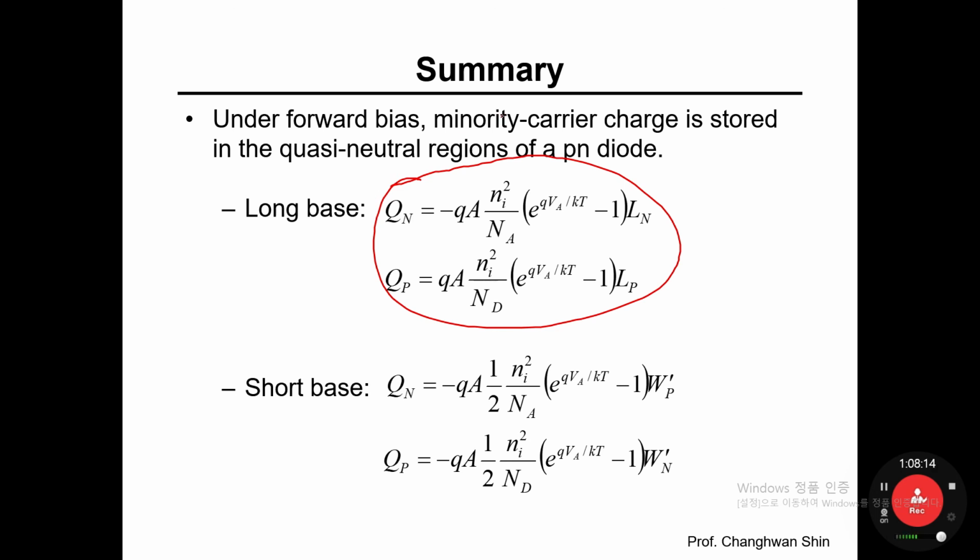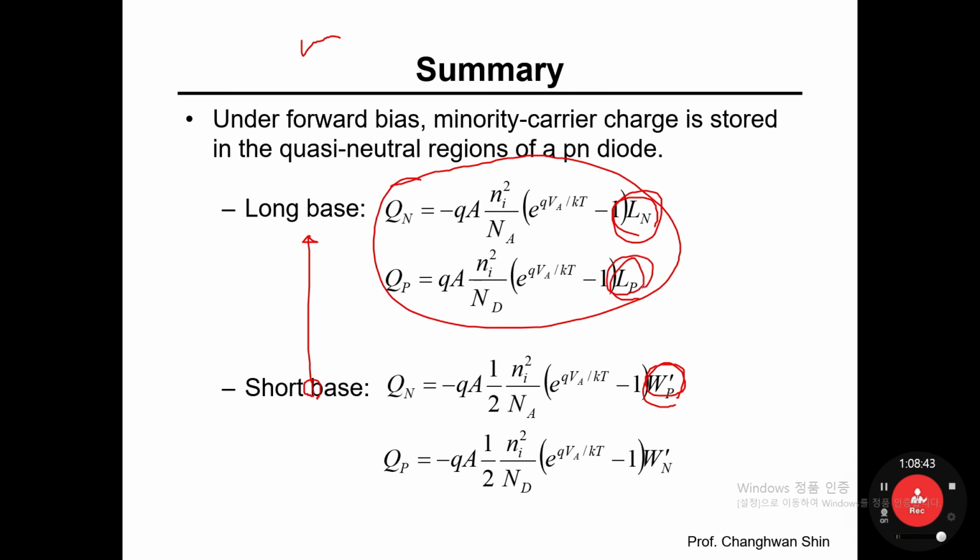Even in narrow base case, if p side is narrow or n side is narrow, or simply speaking for short base p-n junction diode or narrow base p-n junction diode, we can also estimate the total charge stored in the n side and p side. But the only difference between long base and short base is this. Instead of Ln, you can use the real physical width of a p side.